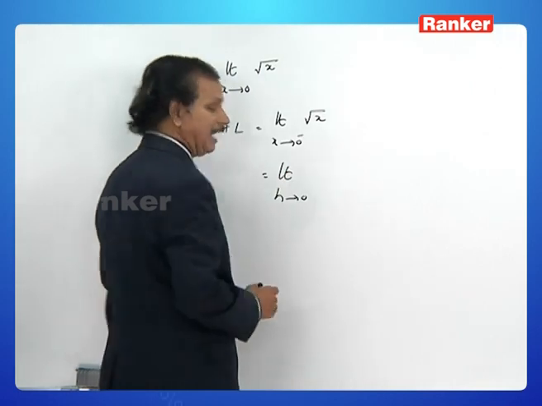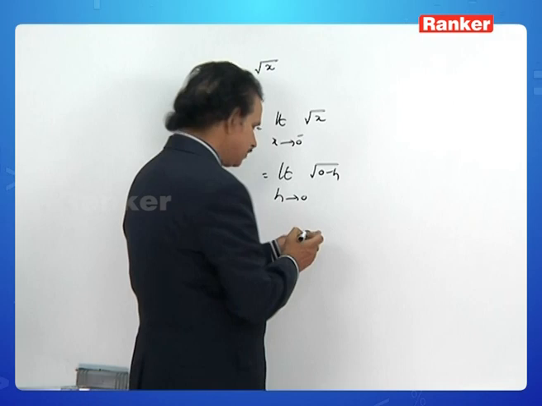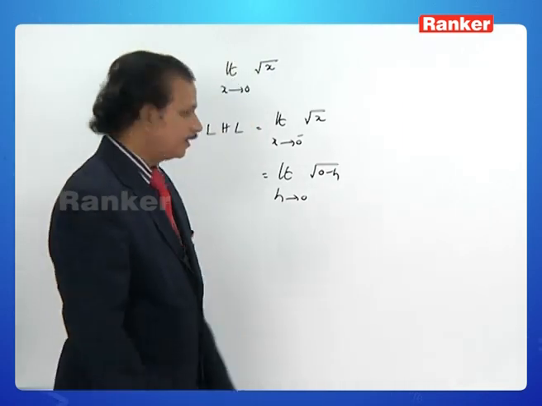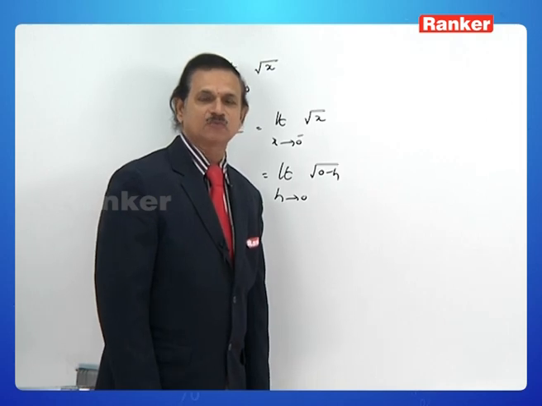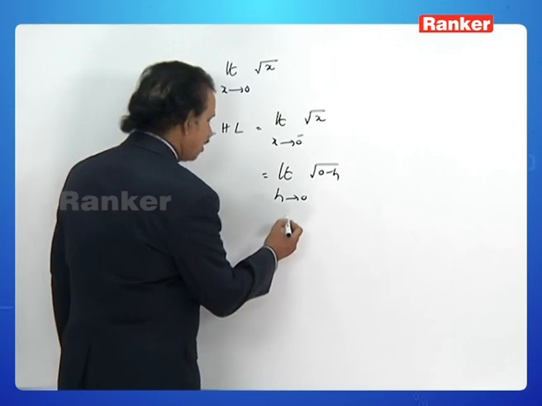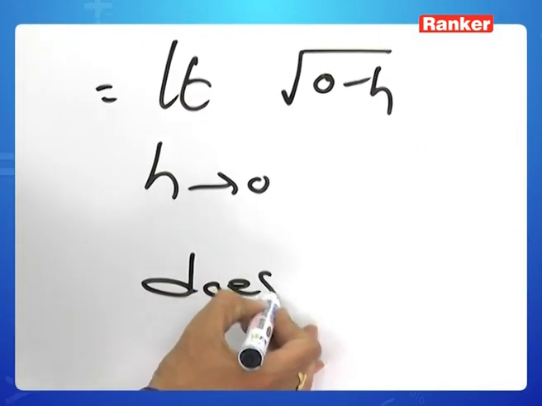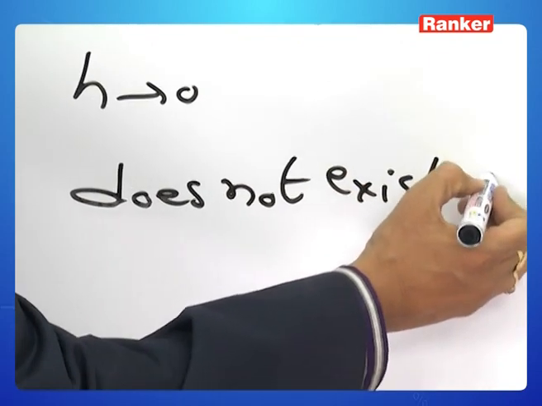In the place of a we have here 0, so it is 0 minus h. What is 0 minus h? It is minus h. It's a negative number under square root. Is it a real number? No, it's not a real number. Hence, it does not exist at all.